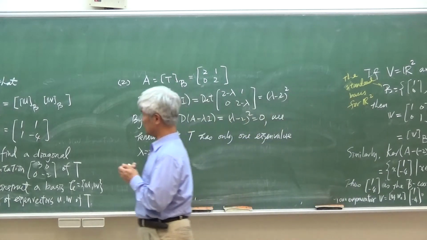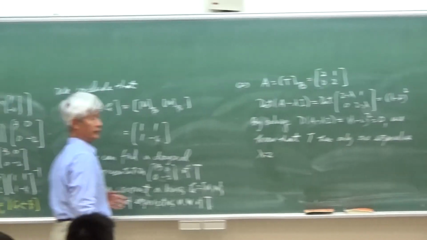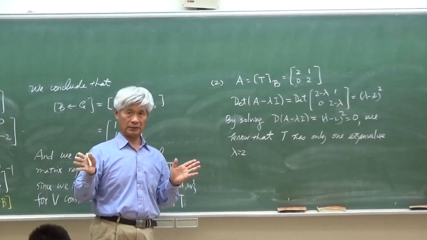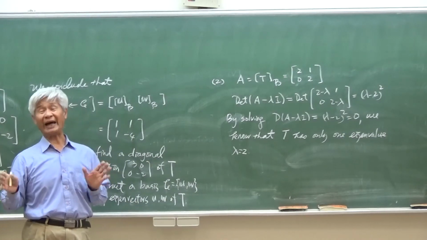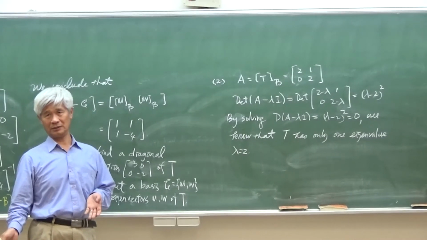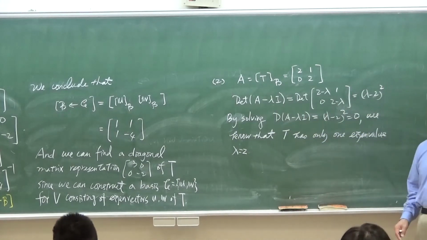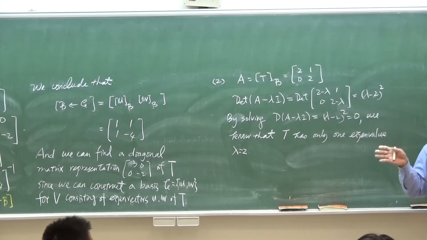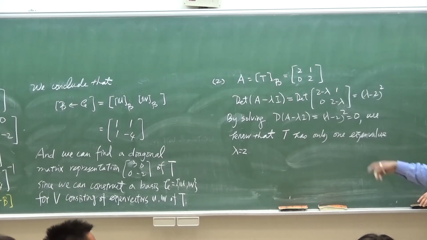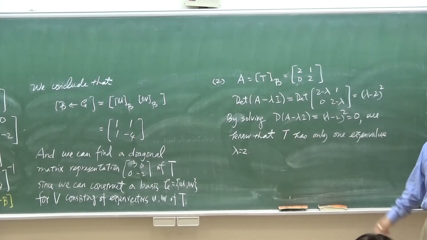And our goal is to find a basis for the vector space V, right? And this basis consists of 2 eigenvectors. But now, we have only one eigenvalue, right? So we have to find 2 linearly independent eigenvectors associated with the same eigenvalue, because we have only one eigenvalue. Okay?